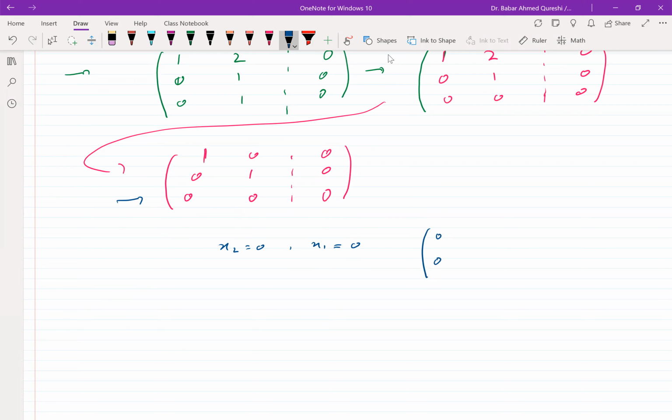And now I want to compute its orthogonal complement. So I have the column space of A transpose, and I want to compute the orthogonal complement.